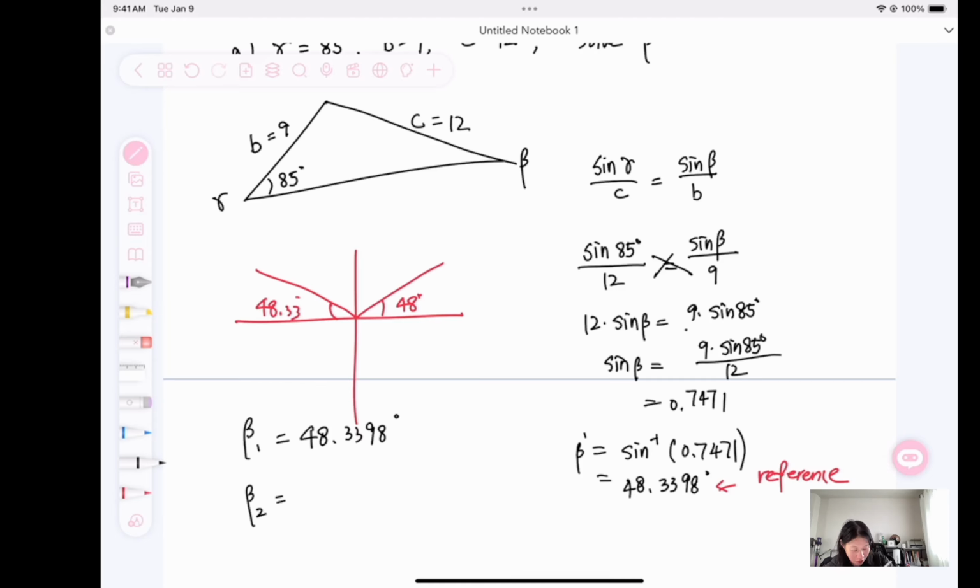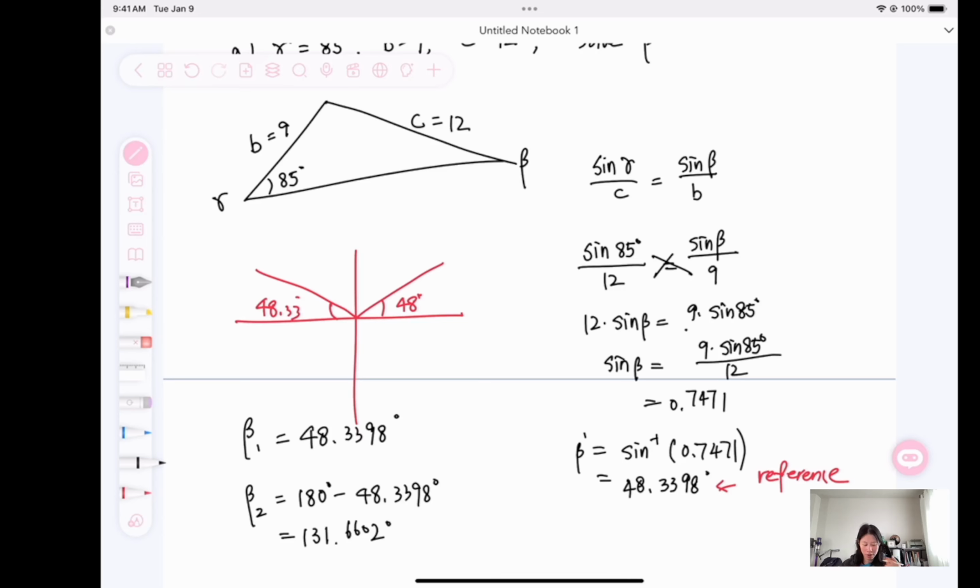And the second possible solution would be 180 degrees minus 14.83398 degrees. Let me subtract that. It equals 131.6602 degrees.